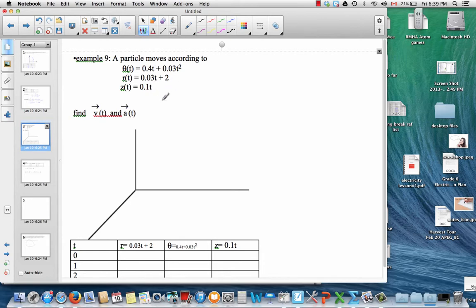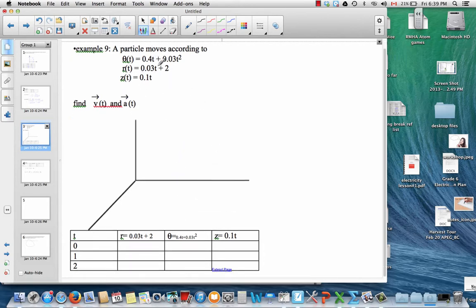Now, if we were to include the z-coordinate, it's very easy because the z-coordinate is just a Cartesian coordinate. Here we've got all 3 functions increasing. So at time 0 the radius is 2, then 2.03, then 2.06. Okay, then the z function also increases with time.